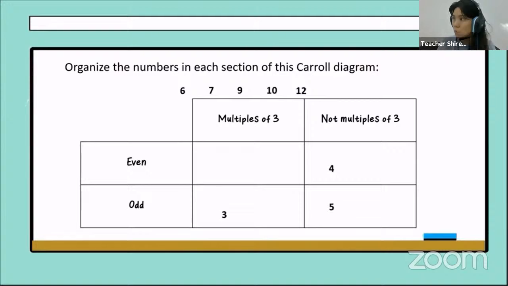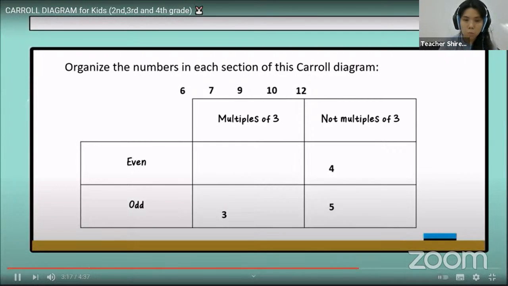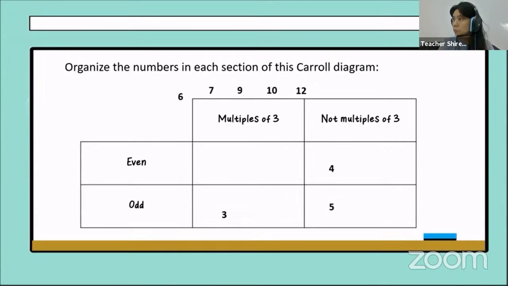Very good, 5 is an odd number and not a multiple of 3. 6 is an even number and a multiple of 3 because 2 times 3 equals 6. Now 7. 7 is an odd number and not a multiple of 3.